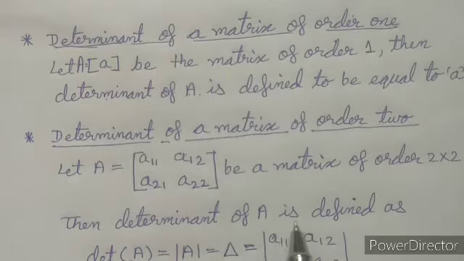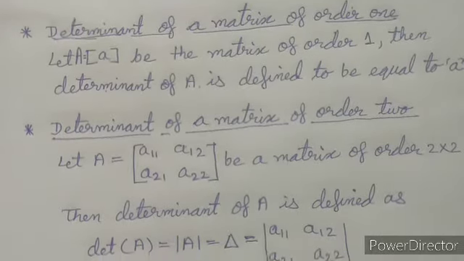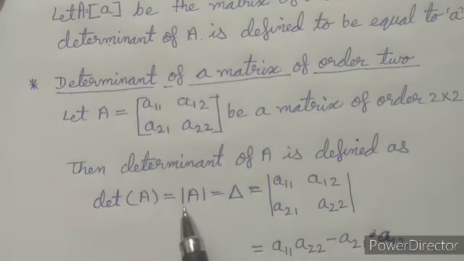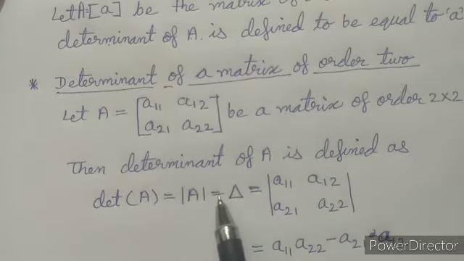Then the determinant of A is defined as det A, that is determinant A, equal to determinant of A, we are using the symbol delta here.